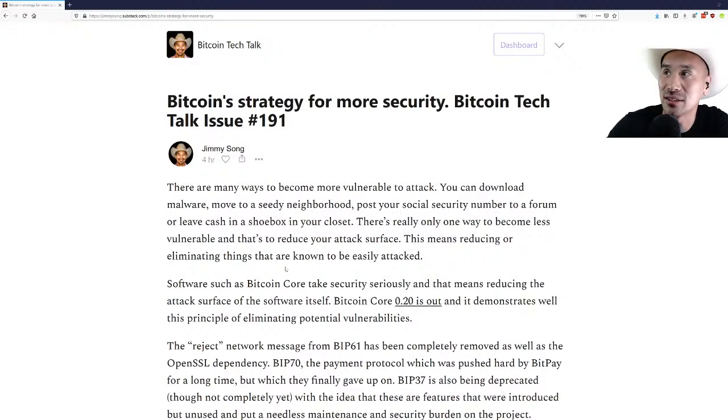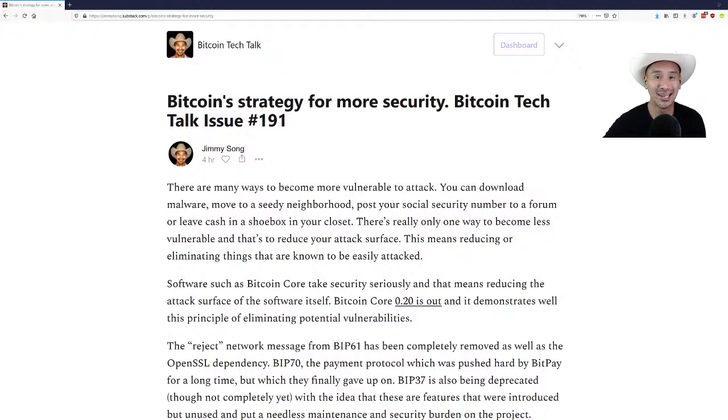Okay, Bitcoin strategy for Merge Security, Bitcoin Tech Talk issue number 191. I want to talk a little bit about security and being vulnerable to certain types of attacks. There are a lot of ways to become more vulnerable. Essentially anything that increases your attack surface makes you more vulnerable.